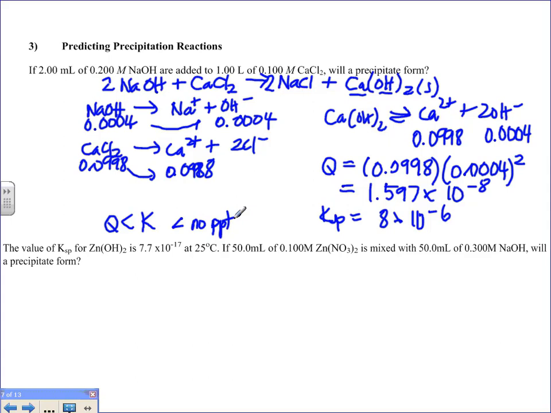If the Q was equal to the K, we would have a saturated solution. If it was larger, a precipitate would form, but because it's smaller, we know that we have fewer ions in solution, so they are able to stay dissolved.